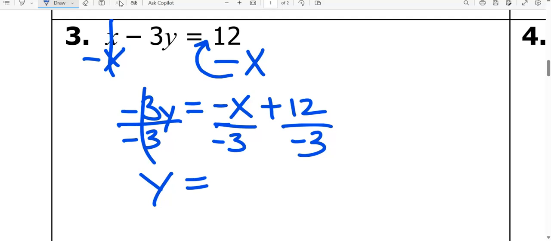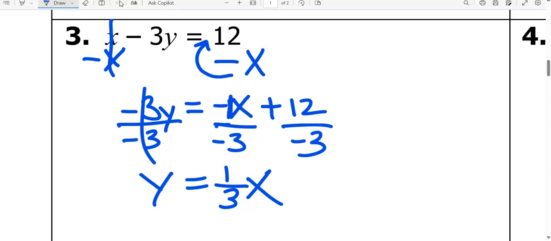Well, now hold up. Negative x means negative 1, right? Yeah. Okay. So if it helps you, you can put that 1 right here. Negative divided by a negative is positive, and then 1 over 3 is going to stay 1 over 3.